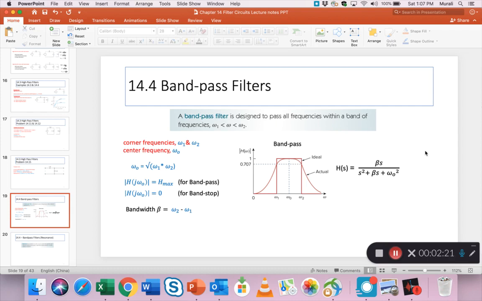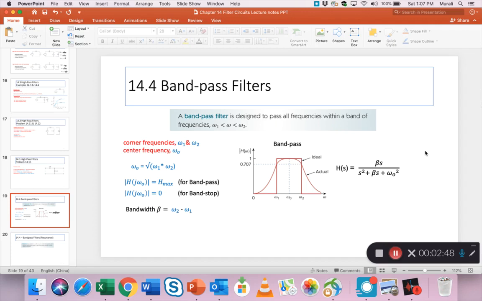If the input voltage is a sinusoid and takes different frequencies, then obviously the job of the filter is to pass some of them with full magnitude and to cut off the others or reduce them in magnitude to a very small quantity.